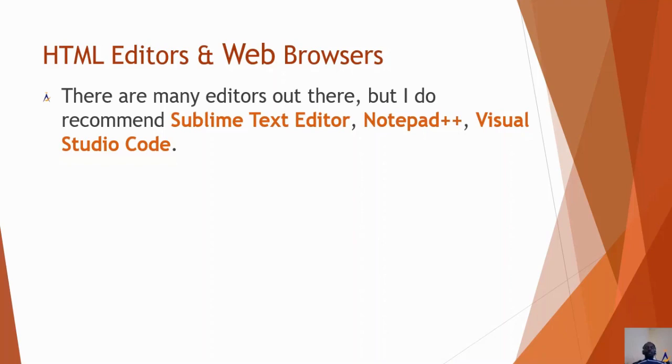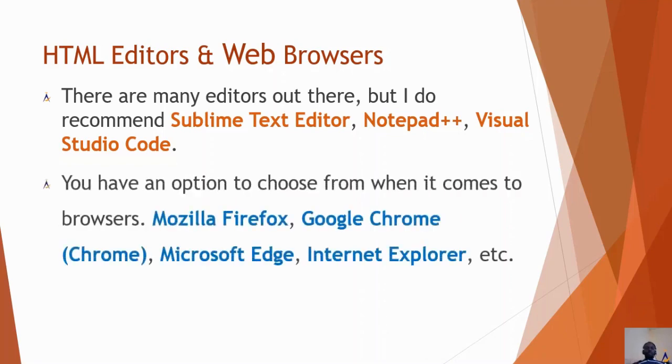And when it comes to browsers, you have a bunch of options to choose from. You can choose Mozilla Firefox, or Google Chrome, simply Chrome. You can use Microsoft Internet Explorer or Microsoft Edge. Nowadays, Microsoft has released a new version of Microsoft Edge. It is pretty easy to use with a pretty simple interface, and it's very good, looking stunning.